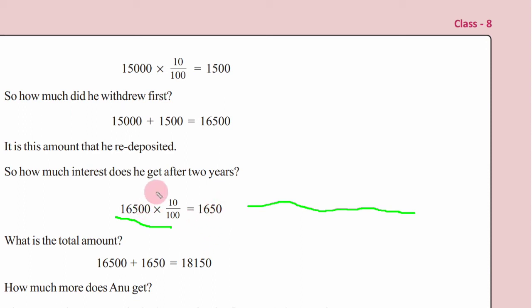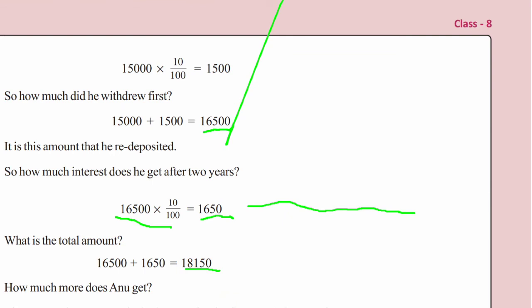So in the second year he deposited 16,500 rupees and got 1,650 rupees as interest. So he got 18,150 rupees at the end of 2 years.